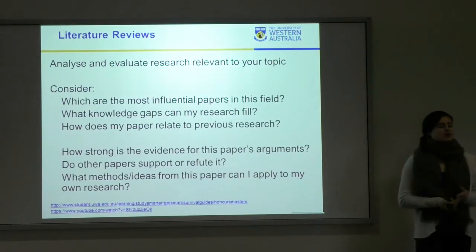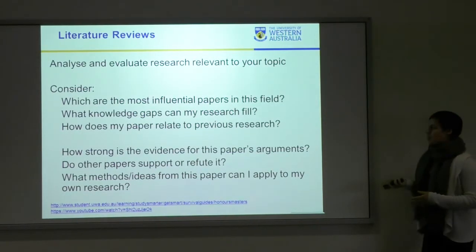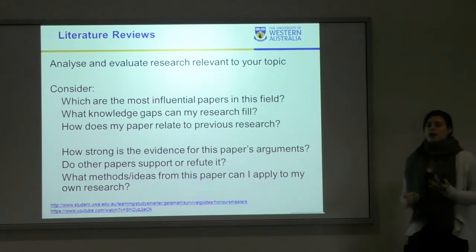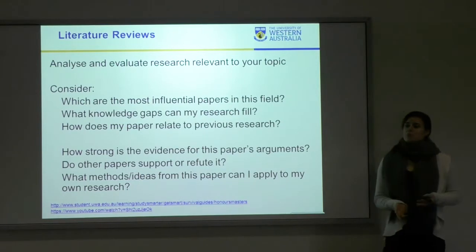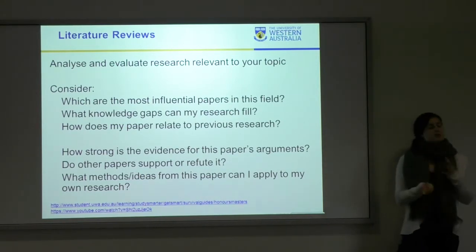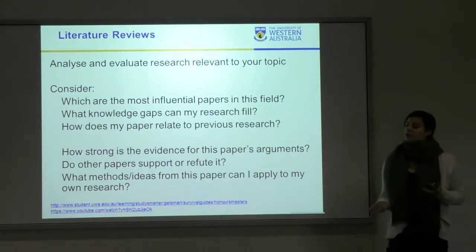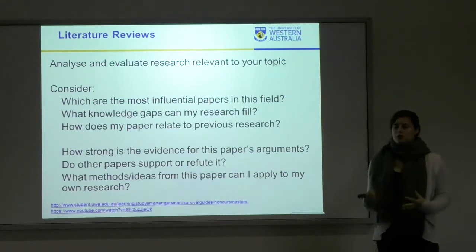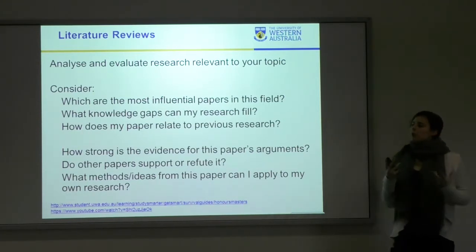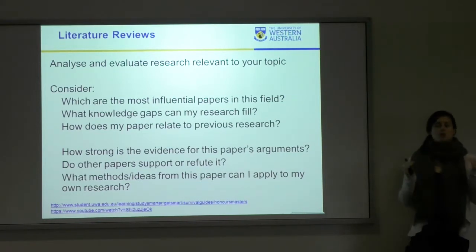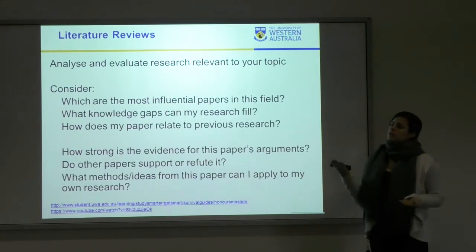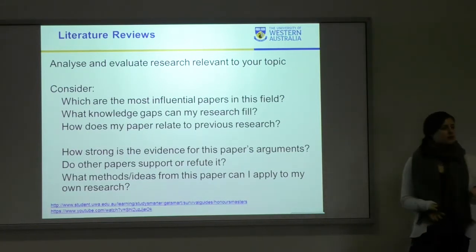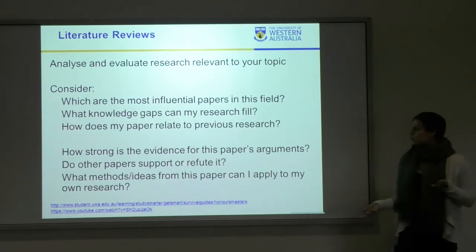So when you are searching for a literature review, here are some of the things that you might want to keep in mind. You'll be looking at the papers in the field. Your literature review is definitely missing something if you've missed one of the papers that's considered the most important or influential in the field, so you need to think about things like that. But when you're looking at papers that may not be the most important or influential, you also need to be thinking about where they fit into the general theme of your topic of study, which papers agree and disagree with each other, and which ones are more credible, things like that.